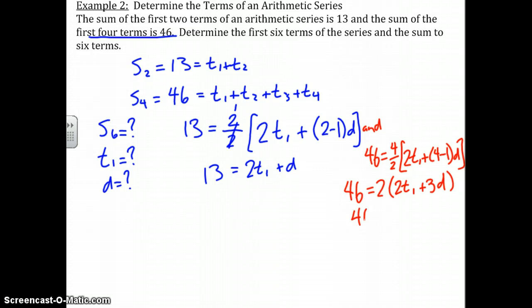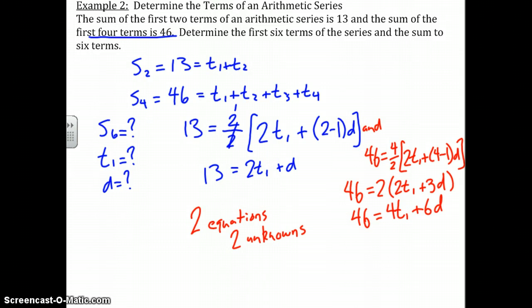And simplifying, we get 46 equals 4T1 plus 6D. So now we have two equations, two unknowns.